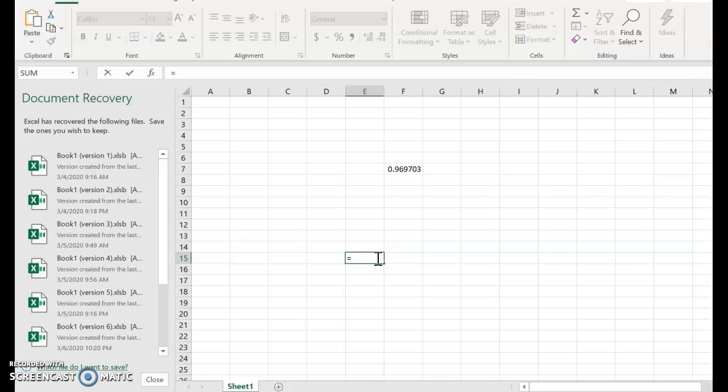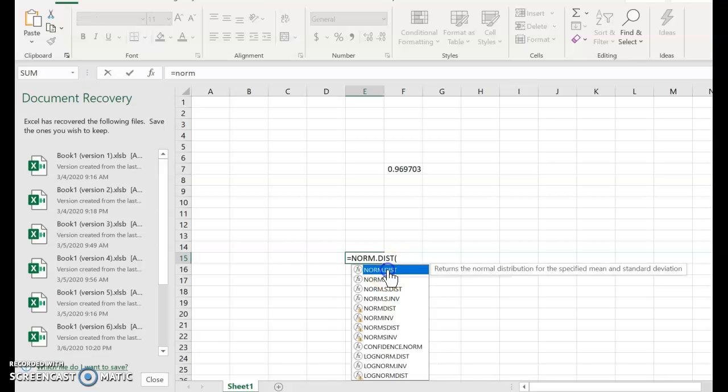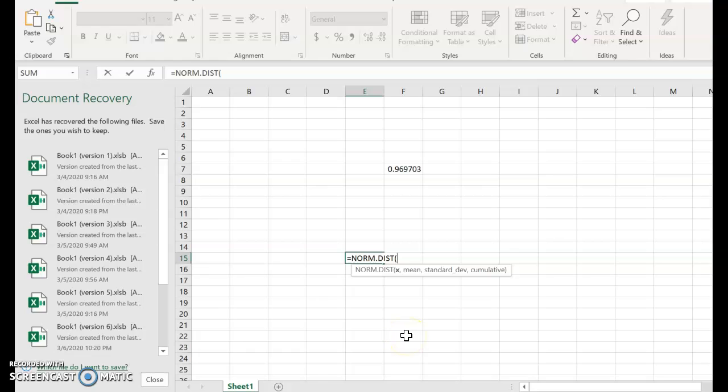Equals norm.dist, and then X was 26.5, and the mean is 30, the standard deviation 3.464, and then we're going to put true, and then close the parenthesis.